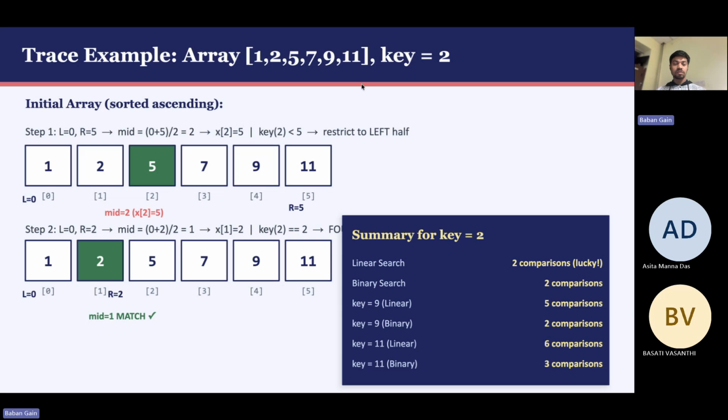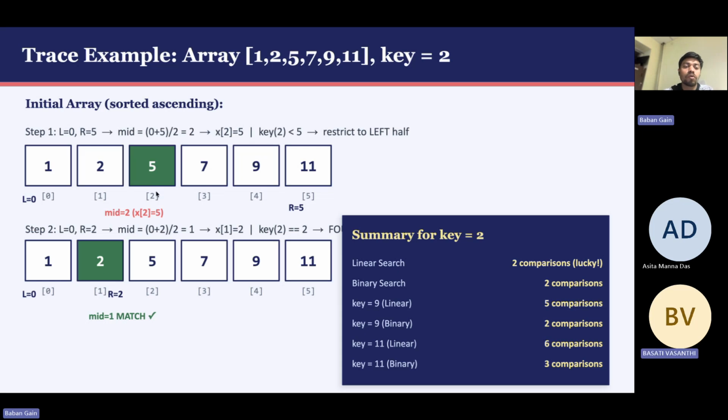So this is some example. Here, let's say I want to search 2. So we'll try at the mid position. Initially we started from 0 to 5, and what is the mid position? Mid position is 2, and the value there is 5.